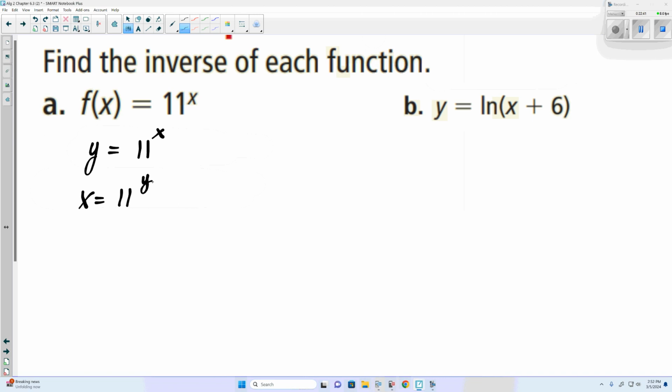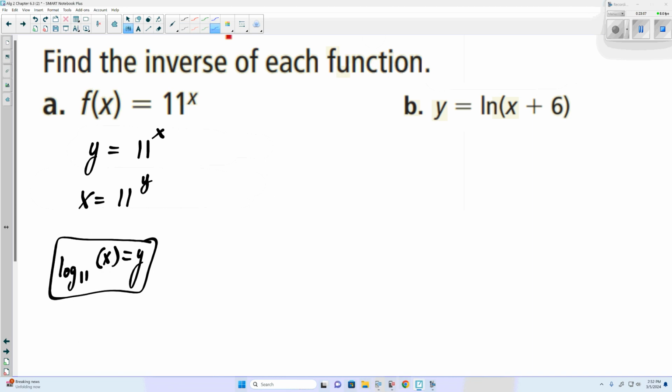So we can do that in one of two ways. One, we can just use our switching property to turn it from exponential to logarithmic. And if we do that, we get what? y equals log base 11 of x. And since y is by itself, we are done.